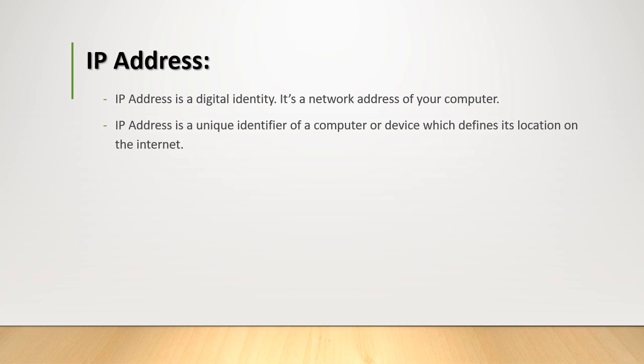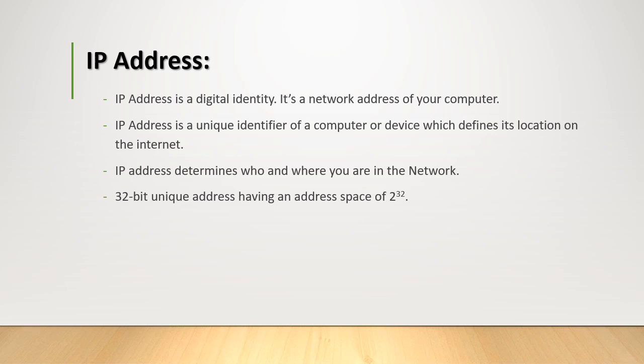This is a 32-bit address represented in dot decimal notation, and it determines who and where you are on the internet. The address space of the IP address is 2 to the power of 32, meaning that many IP addresses are available.